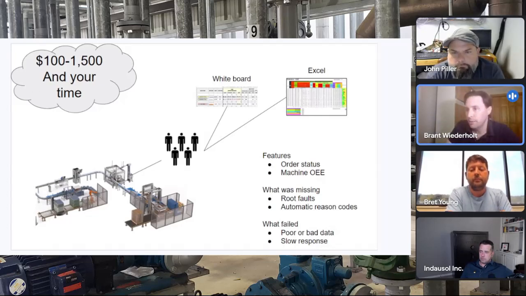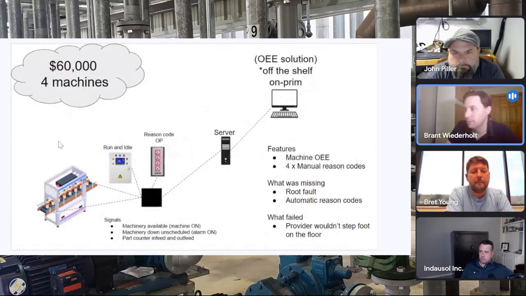All right, so let's go to the next one. The next one is what I would call the black box type solution. This is where you add a sensor at the beginning and a sensor at the tail end, so you've got an in-feed and an out-feed. With both, you can subtract the two and get quality, which is the rejects.